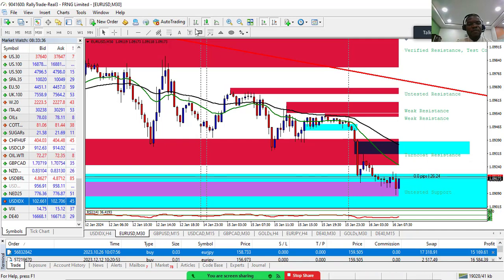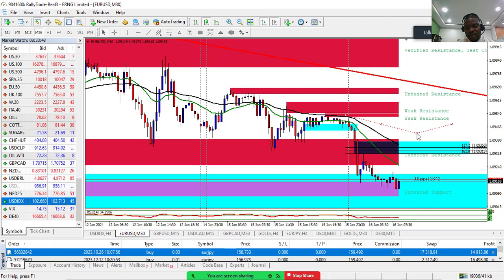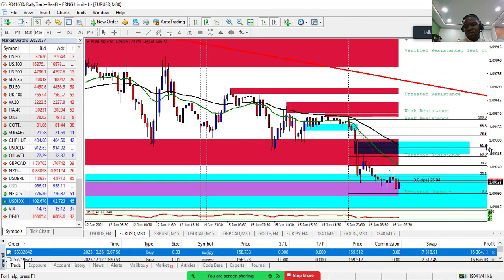The reason is, if I draw my Fibonacci from the beginning of today, which is actually an area of resistance, around that area is my 61.8 Fibonacci ratio, which is a very strong level, right?